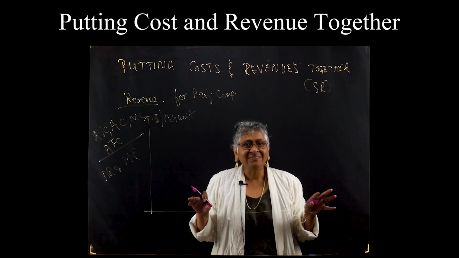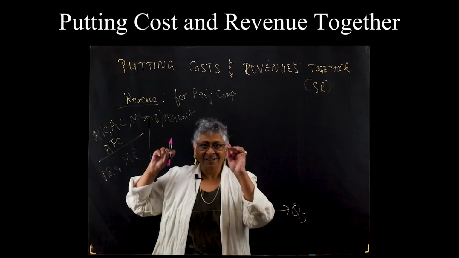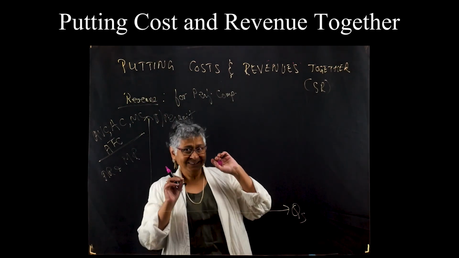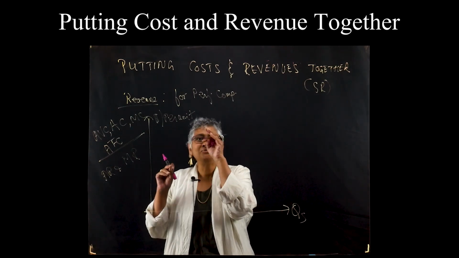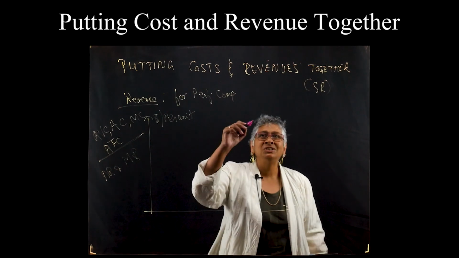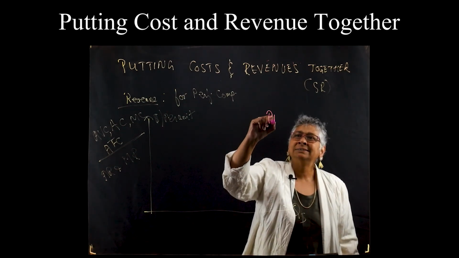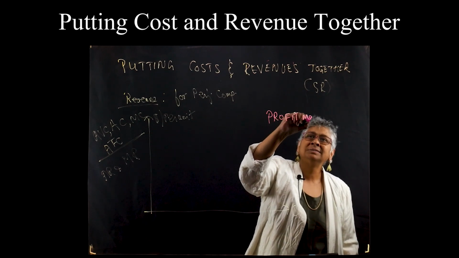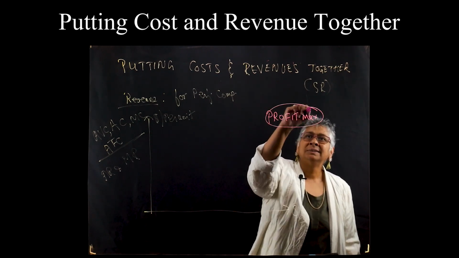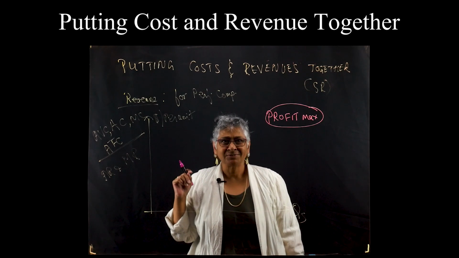So now that we've looked at the revenue side separately and the cost side in the short run separately, we are now finally ready to get back to the actual decision-making process for the firm.